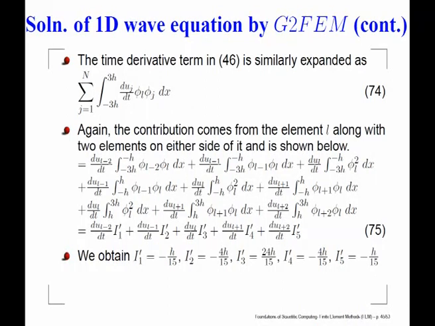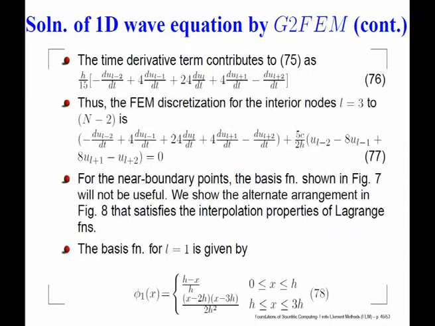We can go through this exercise and we will find out I1 prime is minus h by 15, I2 prime is minus 4h by... I will actually send you a link of a paper where all these things have been worked out by us a few years ago. Okay, so for the central node, the time derivative actually works out like this. It may look a little complex, but that is what it is. So your discrete equation is this, taking that quadratic.